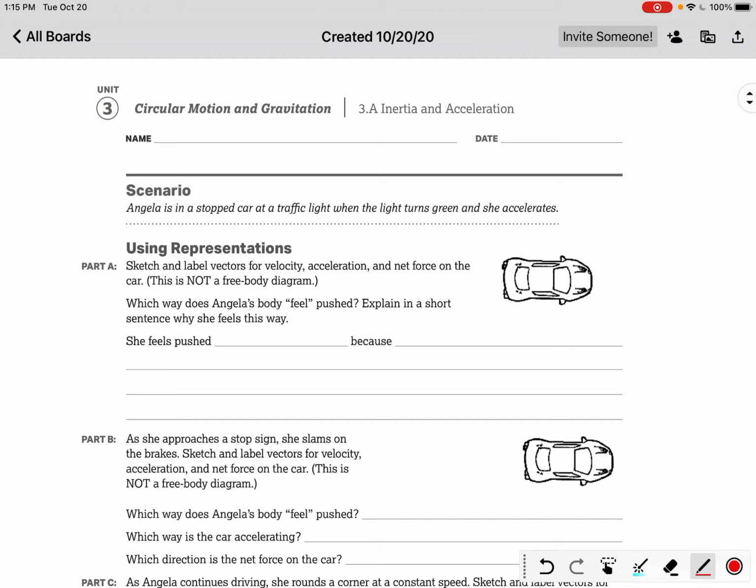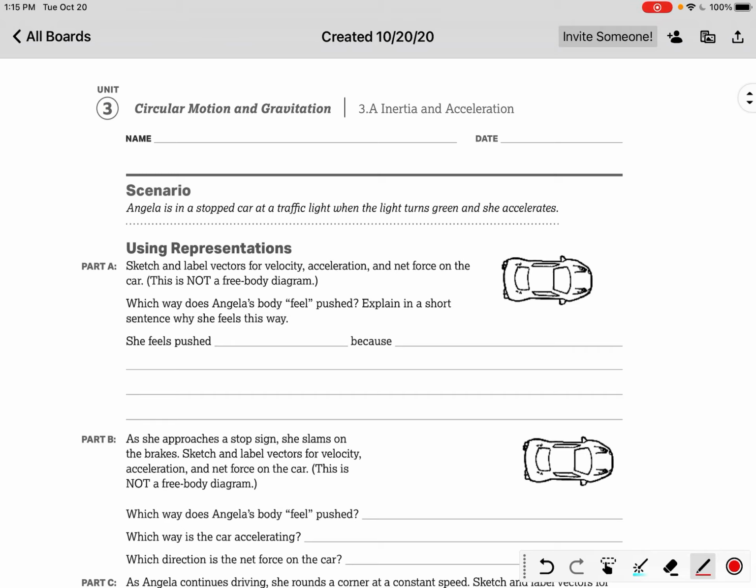And this really has to do with our brain's confusion when we are placed in non-inertial reference systems. Non-inertial reference systems, remember, are places where Newton's laws don't work. They are anything where our reference system is accelerating, not moving at a constant velocity.